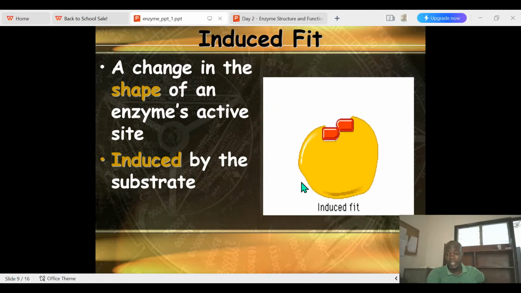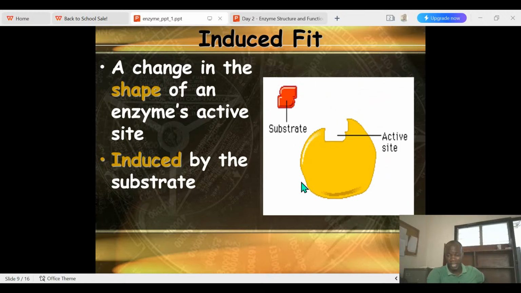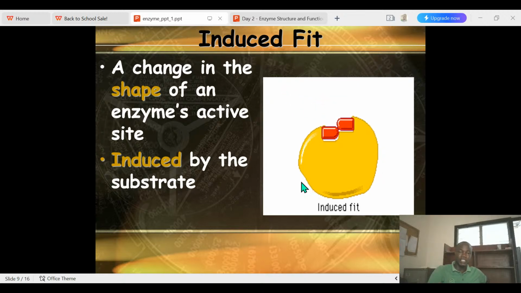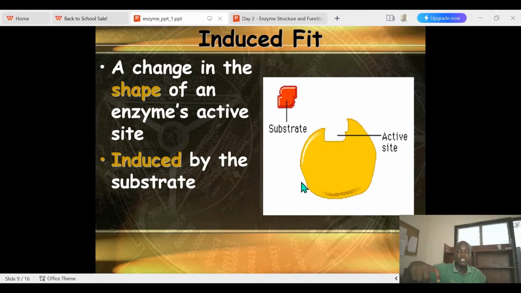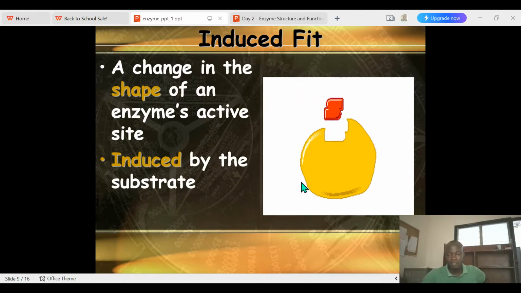Do you all see that? How the substrate changes the shape of the active site. So that is what you call an induced fit. An induced fit model is a model where the substrate binds to the active site and changes its shape.